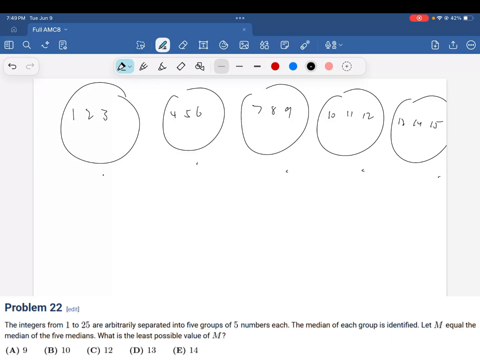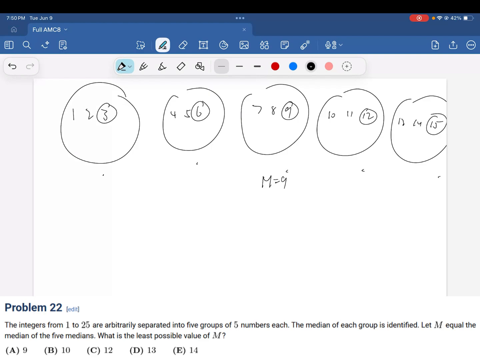But for the medians, this is the median, this is the median, and so the third smallest number is the median of each group. And the median of these medians, the middle one, is 9. So big M equals 9. And 9 is actually the smallest possible answer we see. They give answers 9, 10, 12, 13, 14. So we're actually done because there's no better choice and we found an optimal choice.